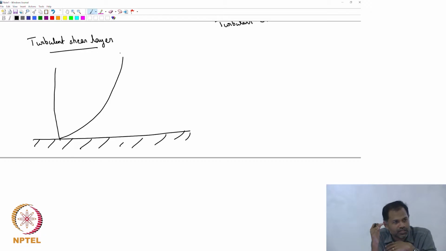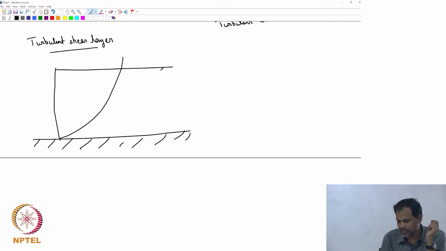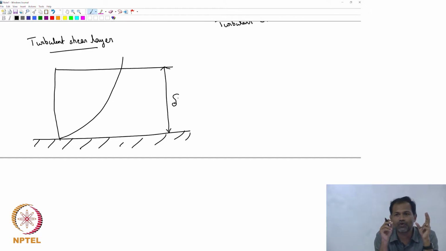So, we are going to restrict to that region where the fluid is seeing the plate, and I am going to give it some length, which we do not know, as delta. Delta is the length in which the fluid flow is really affected by the plate, and I am going to now split this into 3 parts, and that has been found useful.